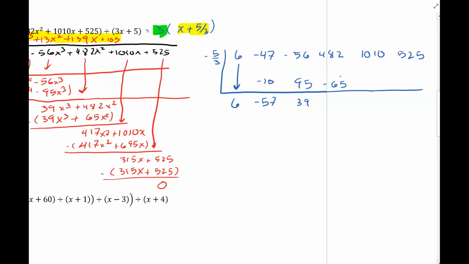And if I add down there, I get 417. Negative 5/3 times 417 is, what is that going to be? Negative 695. And I add down, I get 315. And negative 5/3 times 315 is negative 525, which gives me my remainder 0.